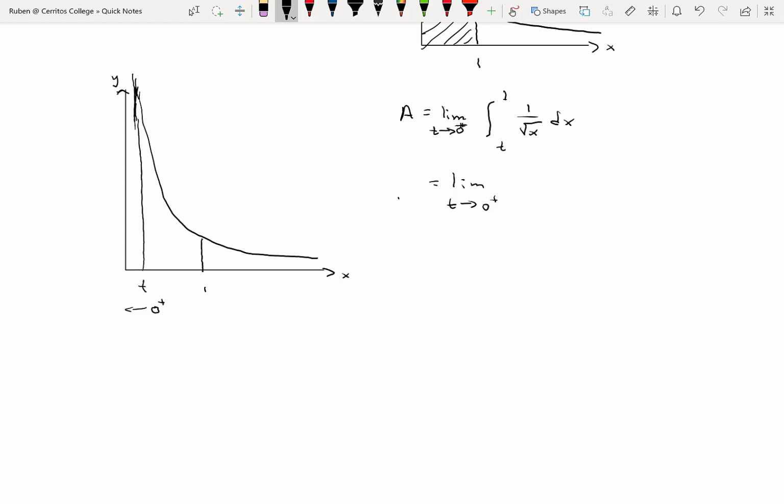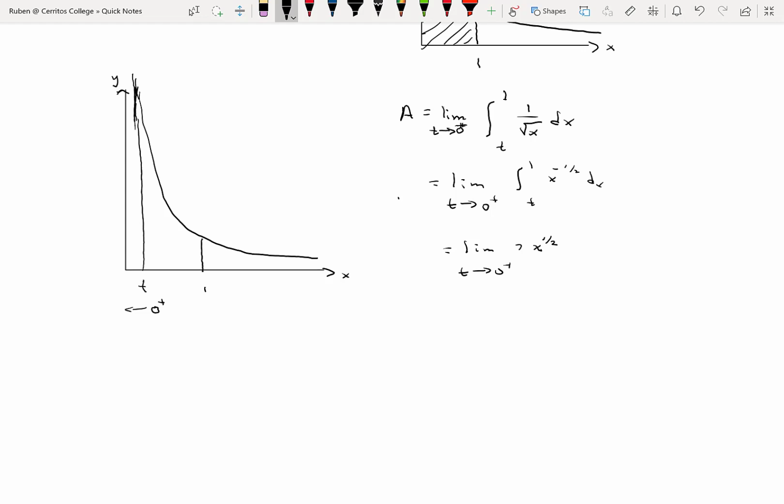Let's evaluate this integral. This is the integral from t to 1 of x to the minus 1/2 dx. It's one of the simplest antiderivatives from Calc 1. The antiderivative of x to the negative 1/2 is x to the negative 1/2 plus 1, which is x to the positive 1/2, over that same new exponent, positive 1/2.